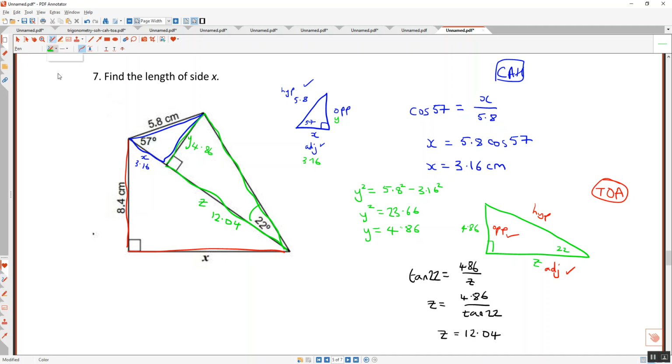So the total length of this big triangle, this side is 8.4. This is what we want to work out.